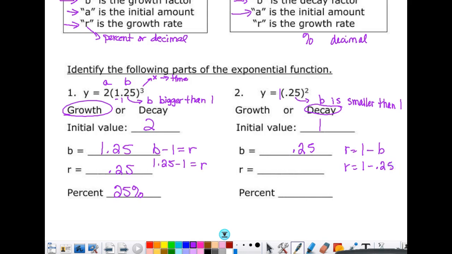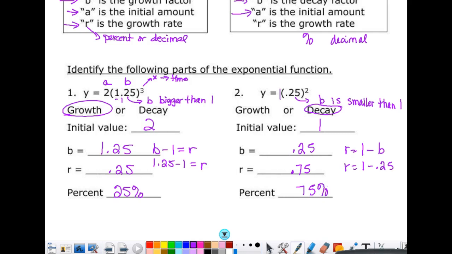So think of 100 minus 25. That might help you because you're going, oh my gosh, those are decimals, I can't do them. Think 100 minus 25 is 75, so it's 0.75. So something is decreasing at a rate of 0.75, which is 75%.